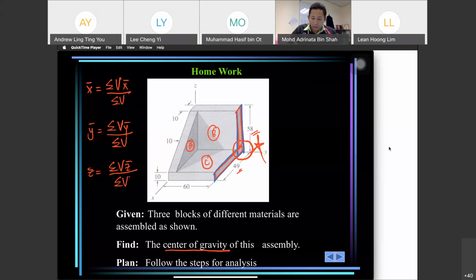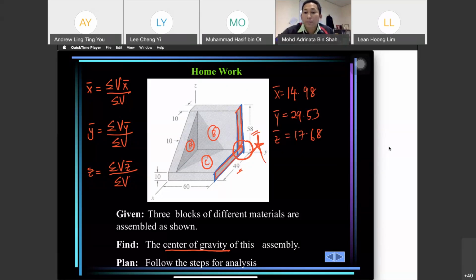X is equals to X. This is my answer, but I didn't recheck it. Thank you very much.